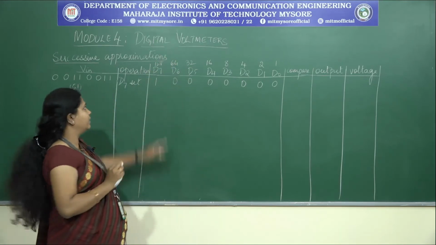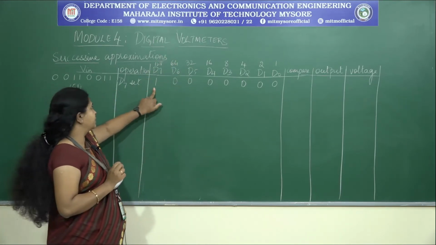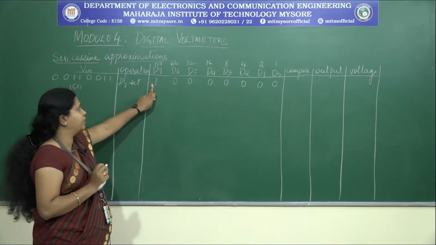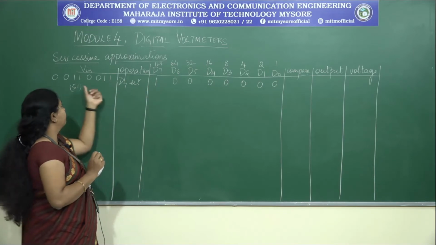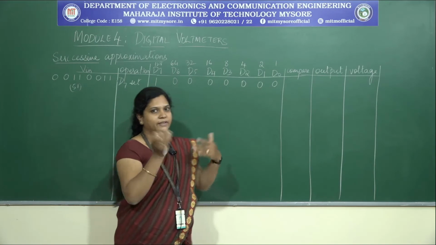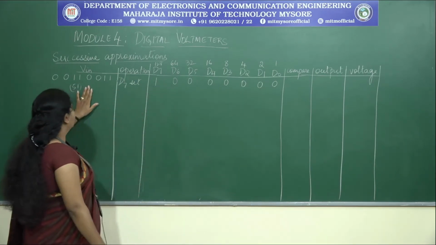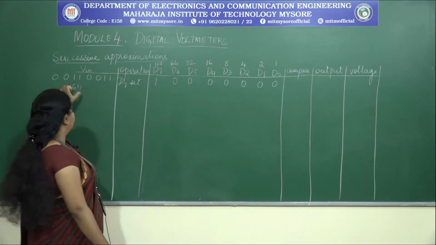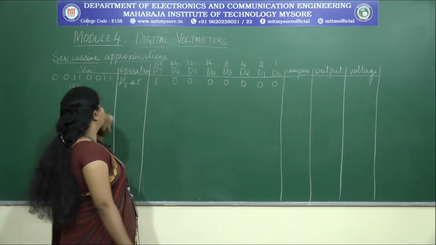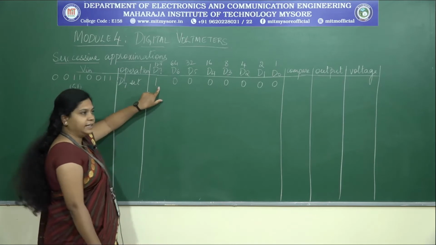These are the values which they represent. Okay. Now, D7 is set. Now, what you have to do at this point initially, you have to compare input with the output. Remember the weighing scale. The same principle we have to adopt here. Now, here input is given. This is the output which we are getting from the digital output. So, 51, 128 is the code.